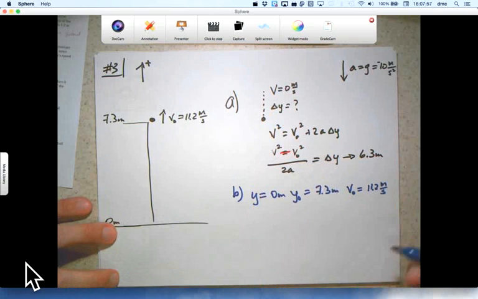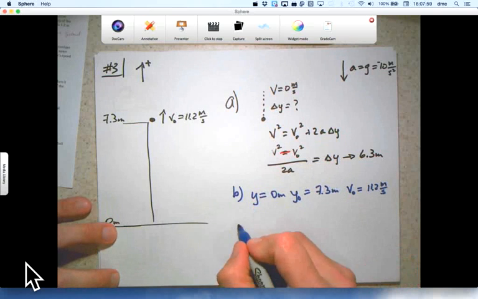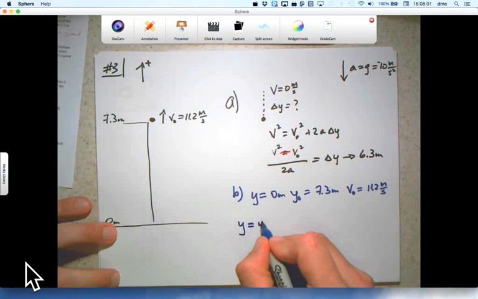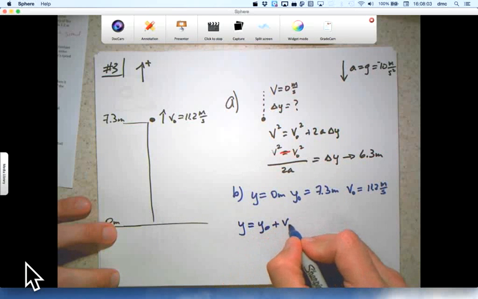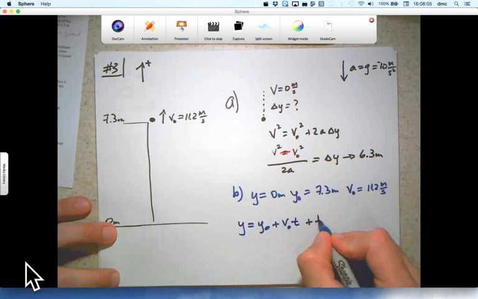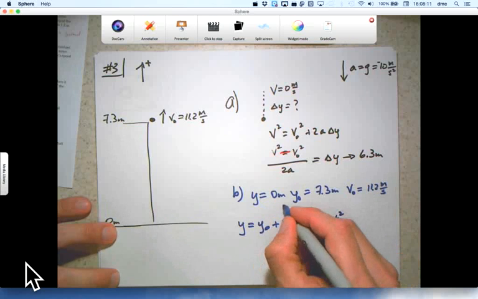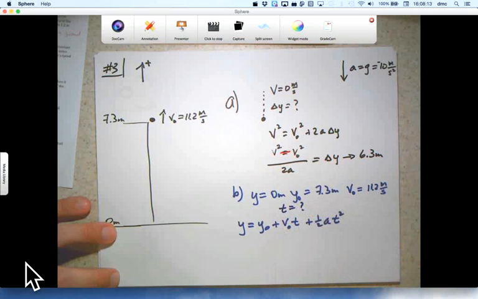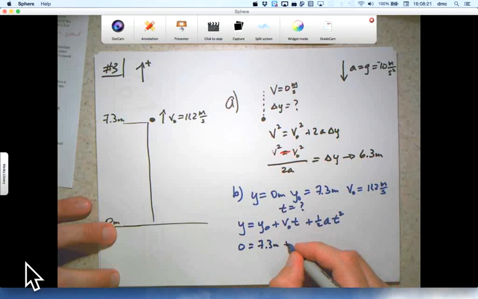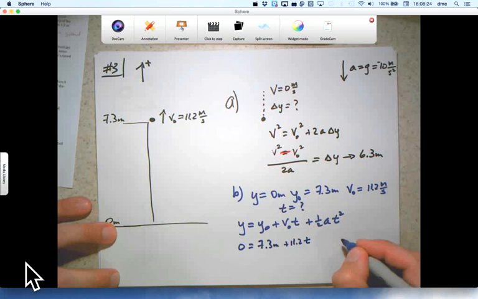The equation to use is final position equals the initial position plus the initial velocity times time plus 1/2 the acceleration times time squared. Because we're looking for t. So final position is 0. Initial position is 7.3 meters. The initial velocity is 11.2 times t.